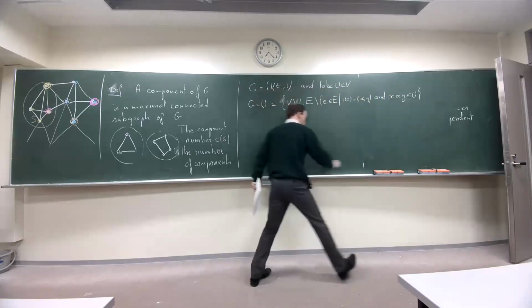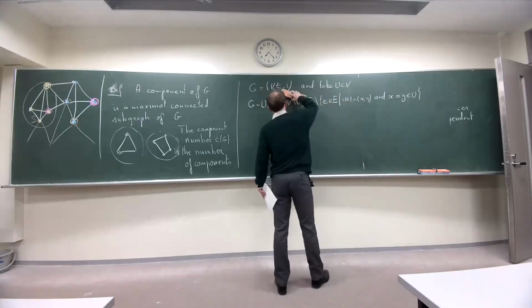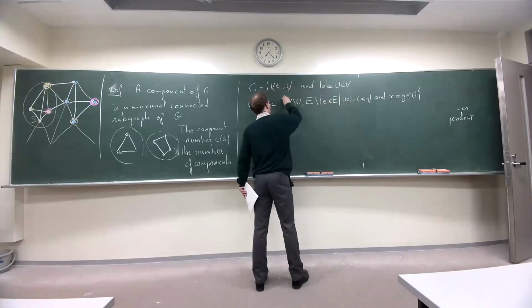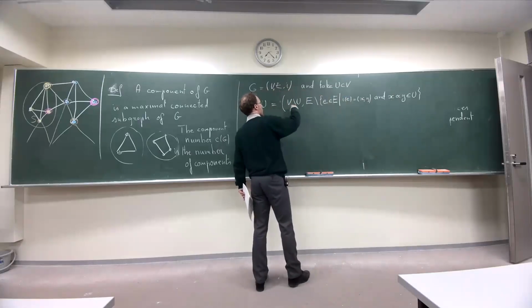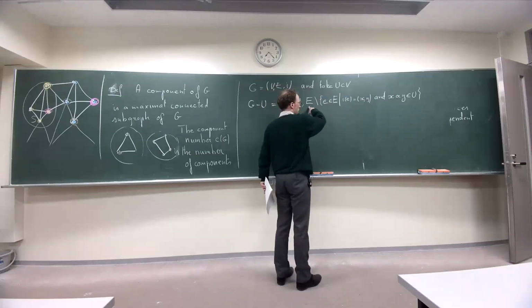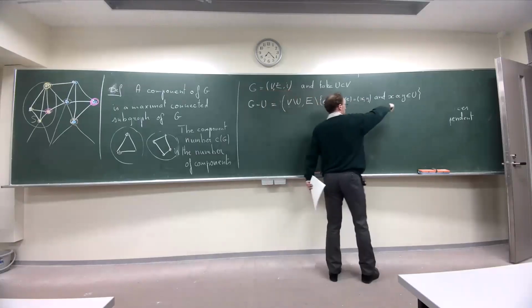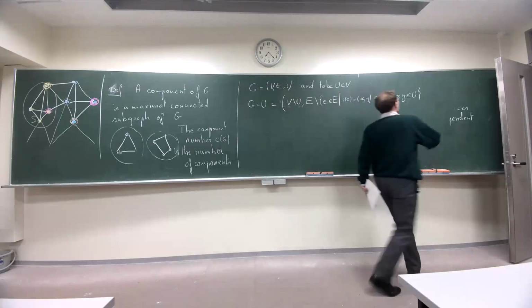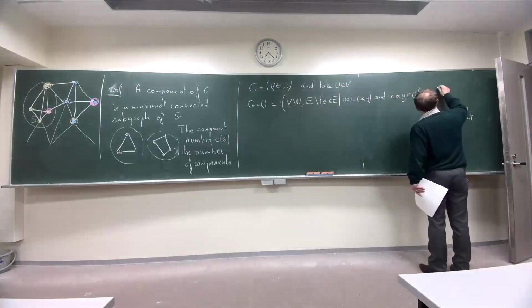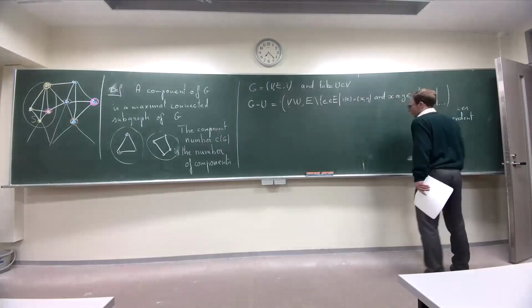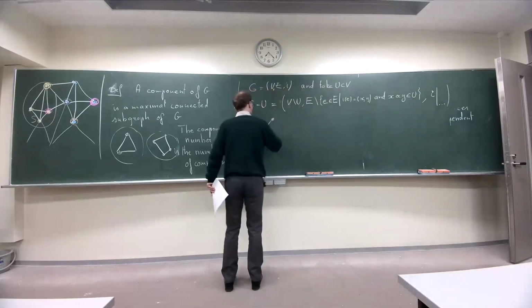Ah, no, my notation is not good. Sorry. For the set of vertices, I will do pictures. For the set of vertices, you just eliminate those in U. For the set of edges, you eliminate those which have an endpoint in U, and you take the same I restricted to that. What do I mean?